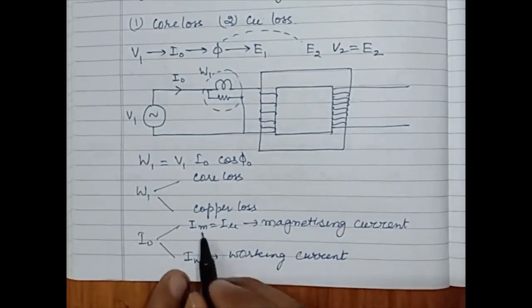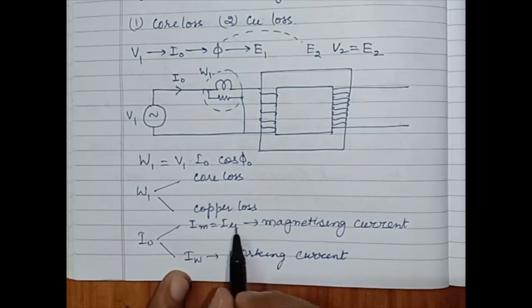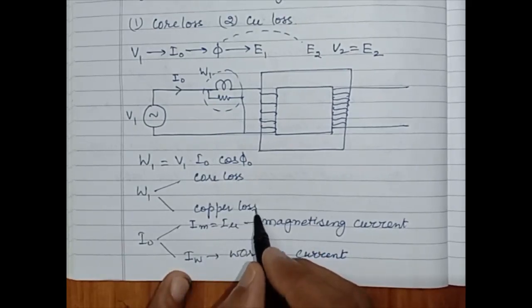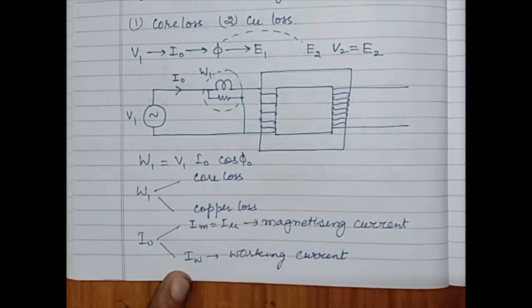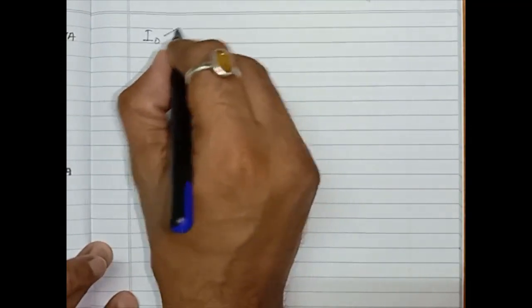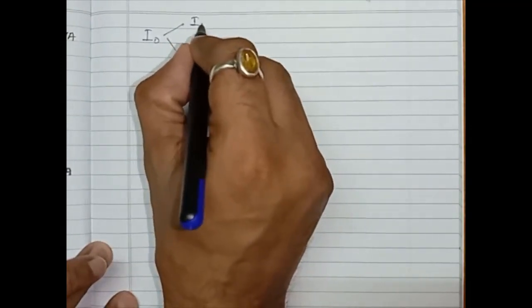This I mu is responsible for producing core loss, whereas this Iw is responsible for producing copper loss. It means the no load current I naught has two components, that is Im and Iw.